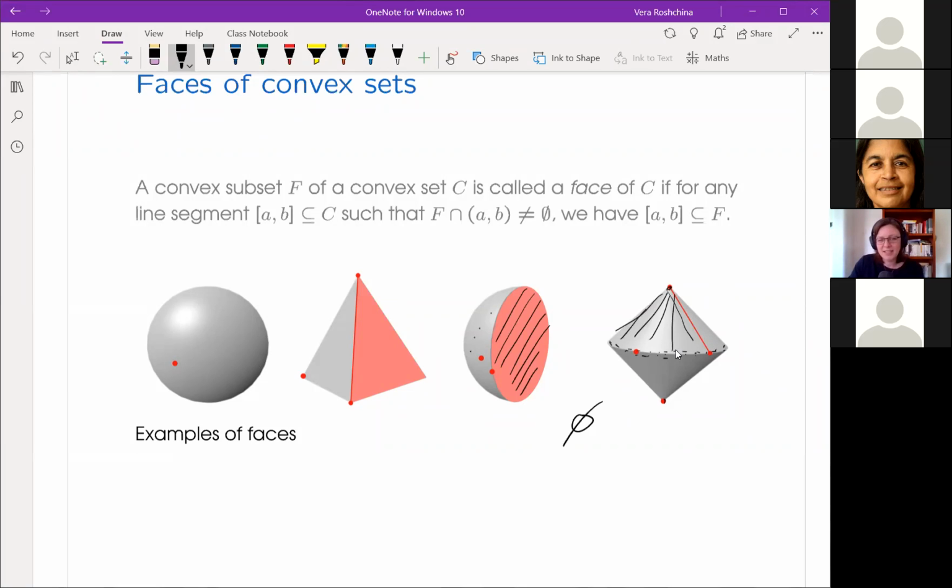And the empty set is always a face, but it's not relevant for what we're going to talk about here. In principle, you need the empty face for consistency and to have minimal faces for maximal faces and so on, but we're not going to talk about this.